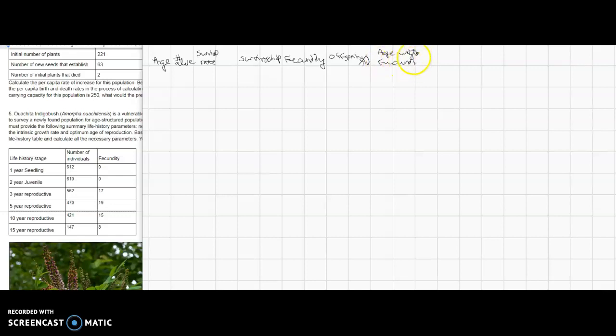And then when we use the short form, age is going to be x, the number alive is n sub x, survival rate is s sub x, survivorship is L sub x, fecundity is F sub x, offspring per individual is going to be a combination of Lx times Fx, and then age-weighted fecundity will be Lx times Fx times x.